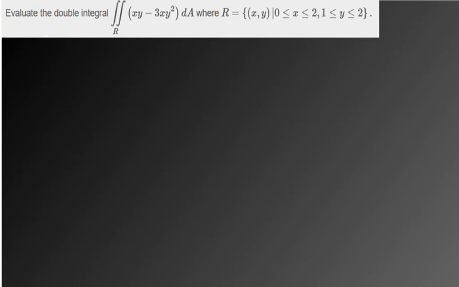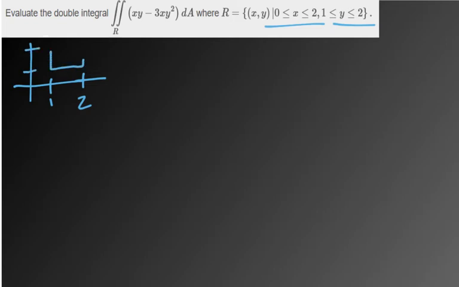So just starting off here, I want to find this double integral over a region R that's defined by this. And a lot of times in these problems, what I would do first is I would just draw the region. So x is going from 0 to 2. So 1, 2. And then y goes 1 to 2. So 1, 2.